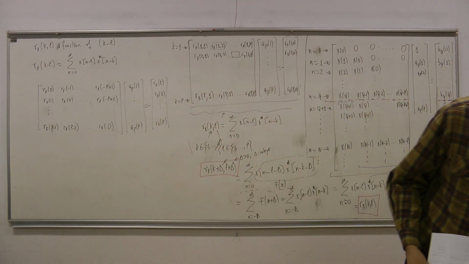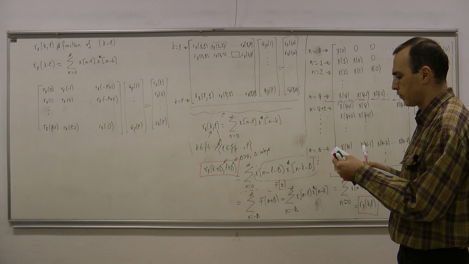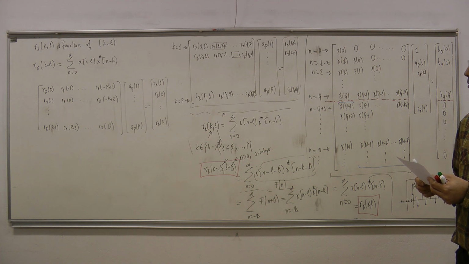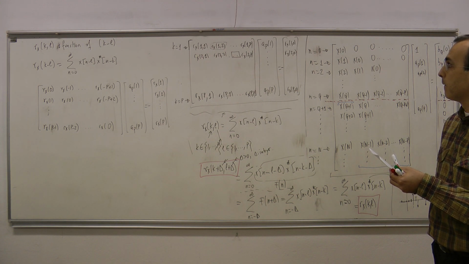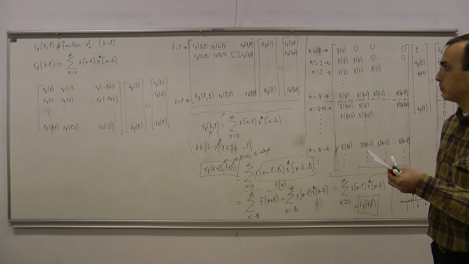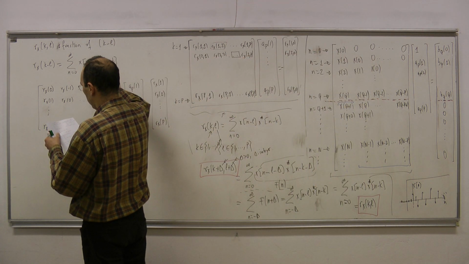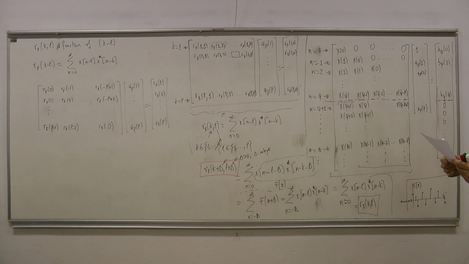This is Rx of 0, a function of k minus L, so this is the difference k minus L. I think it's correct.